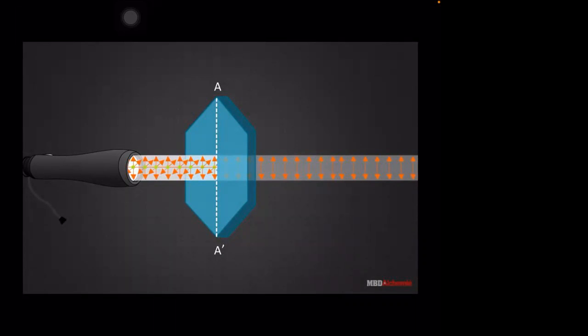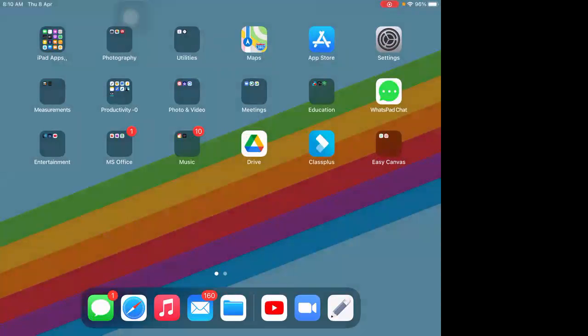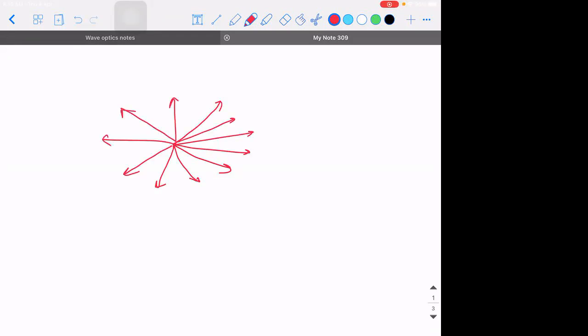So now I'll come back to the theory part. Listen. When the electric field vector is going in all directions like this, this is only the electric field vector, then that kind of light is what we call unpolarized light.